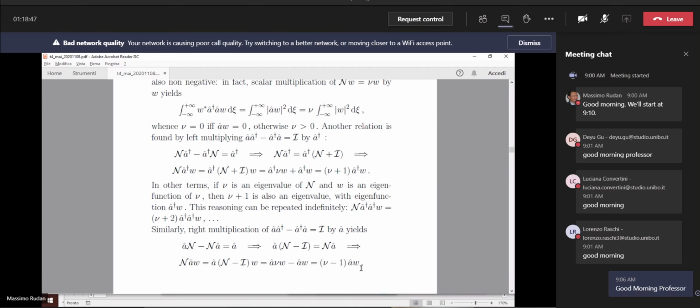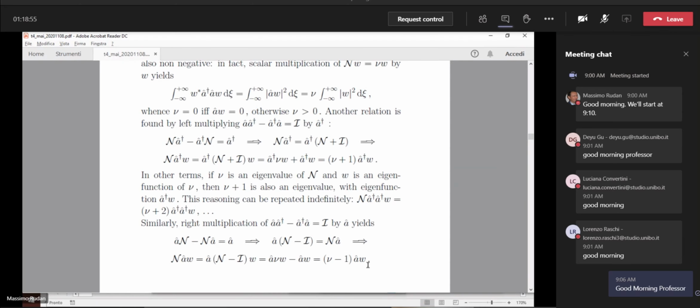If we find the series and then understand that the series diverges, in order to prevent the series from diverging we have to truncate the series, and this is done by imposing that the eigenvalues are integers. So we find again the same thing: the eigenvalues must be integers.